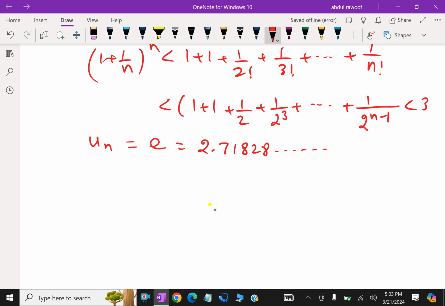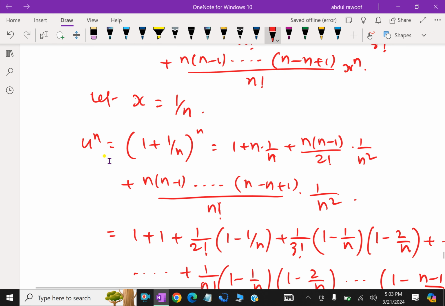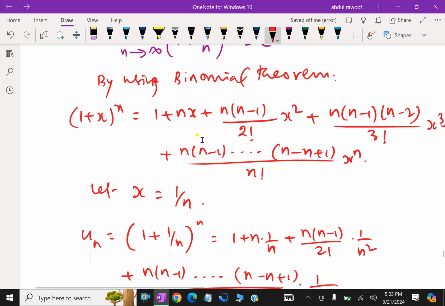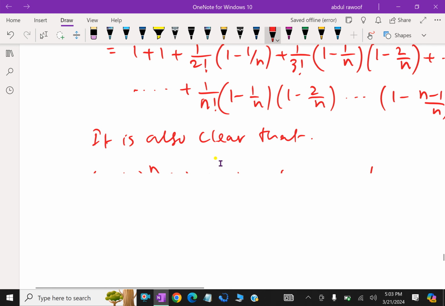This is an irrational number. So we got u_n, which is (1 plus 1 over n) power n, and the limit as n tends to infinity of (1 plus 1 over n) power n is equal to e. That e value we got.